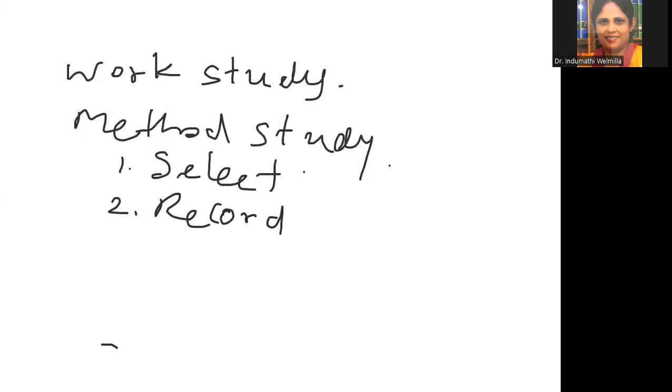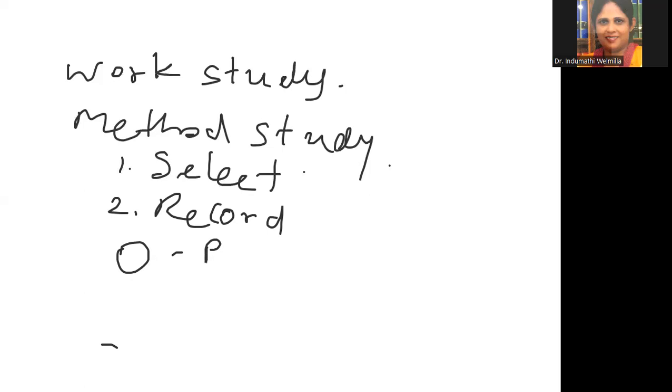For the record, we can use the process chart, right? Process charts are the most commonly used recording technique. There are main symbols used in the chart. In a process chart we have to use some symbols.